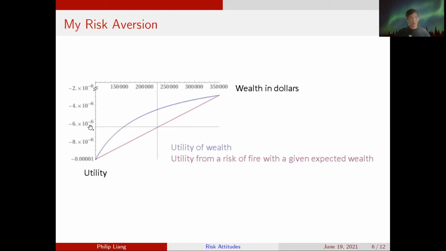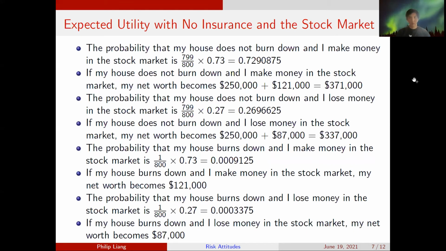And right here, I can see that this is actually about as costly to me as losing $200,000 of wealth. So I dislike the risk of my house burning down even more than the loss of the expected value of that risk.